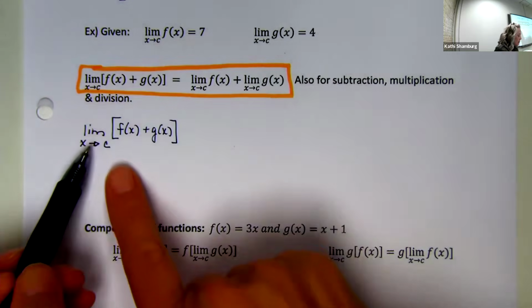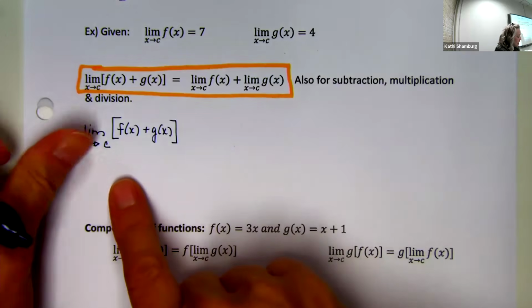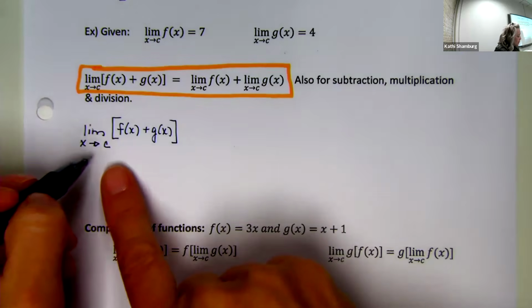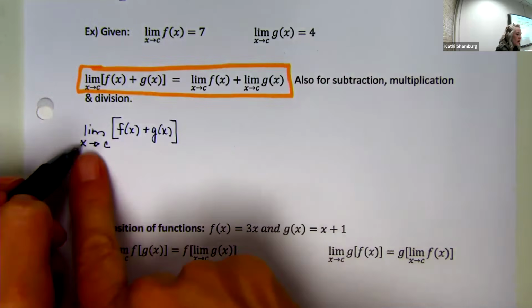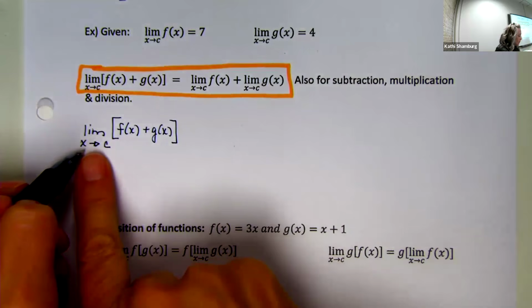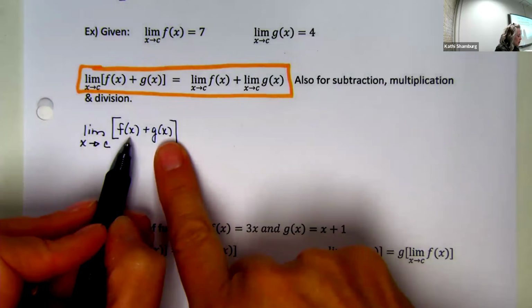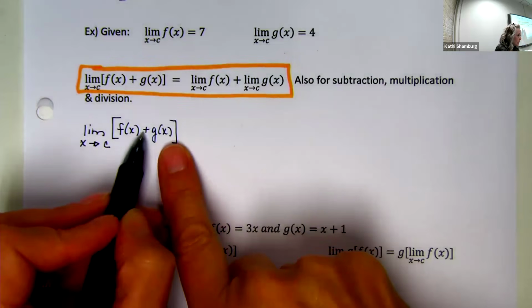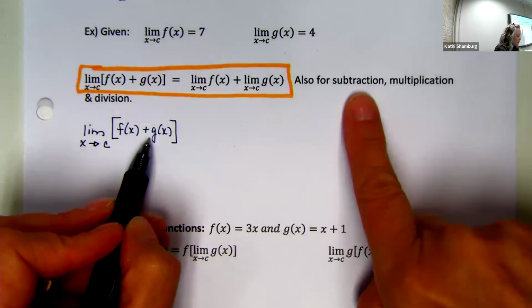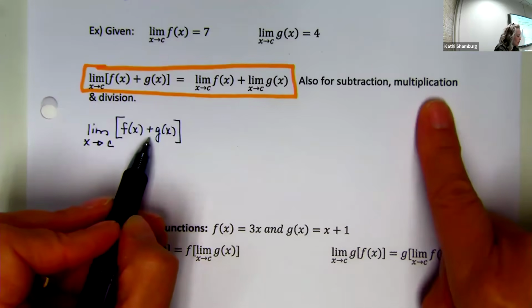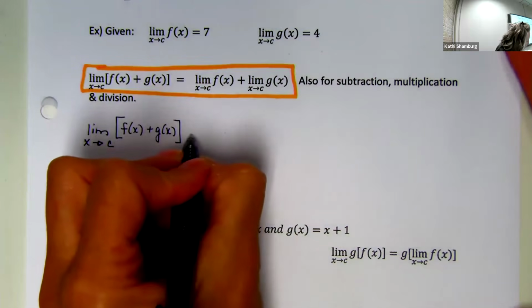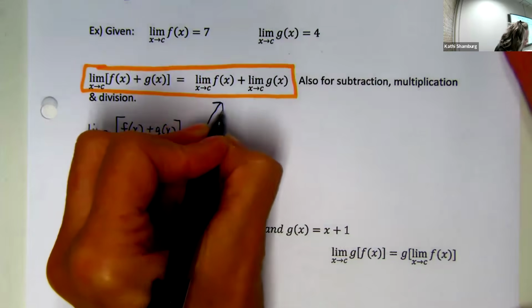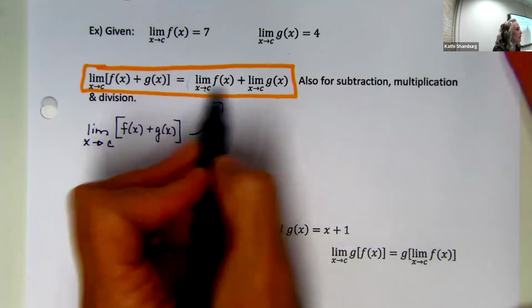Now notice it's the limit. What I want you to recognize is that we only have one limit notation. If my two equations are being added, or if it was subtraction, or multiplication, even if it was division, you can actually apply that limit notation to each one individually.